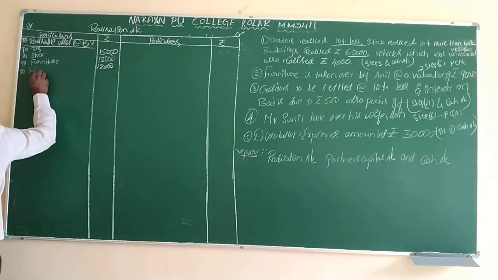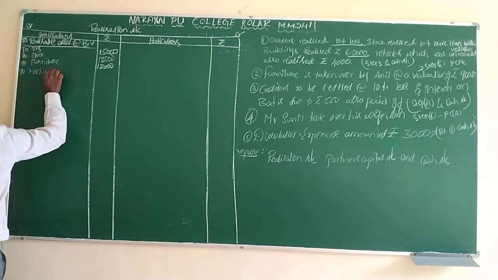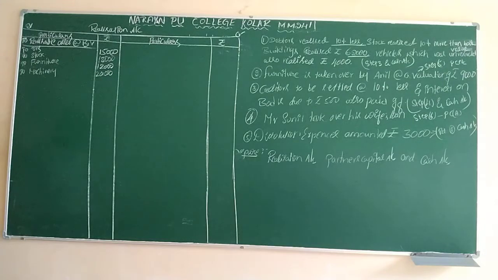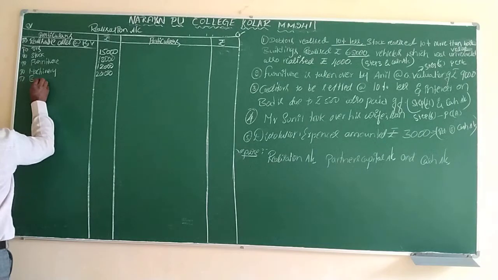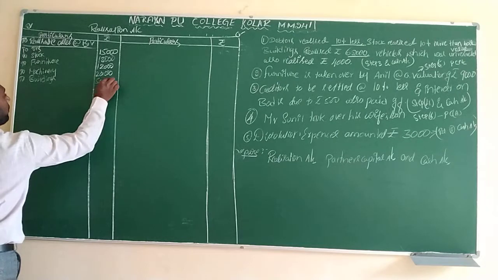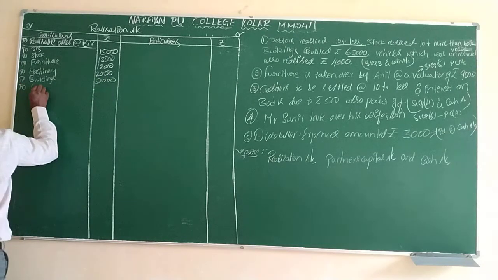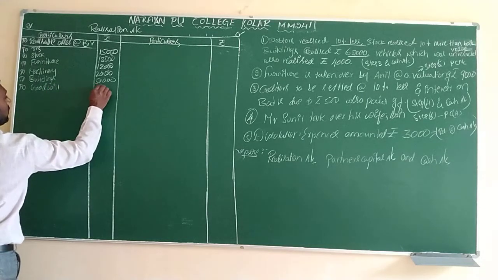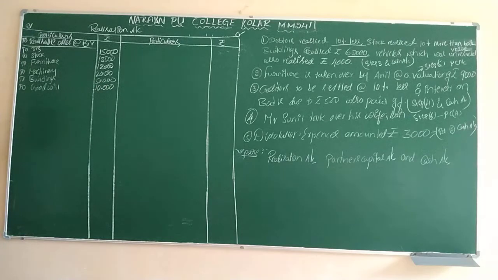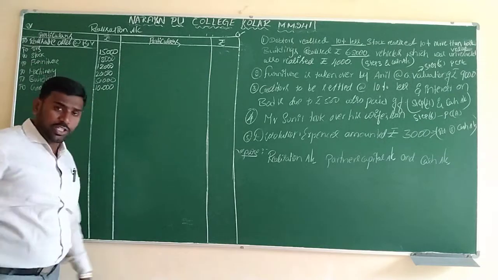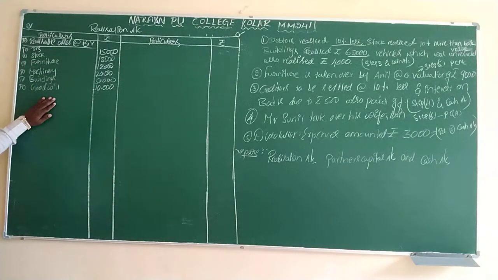Machinery 20,000. Buildings 50,000. Goodwill 10,000. So under step number 1, we should record all the assets given in the balance sheet; the same assets we have to transfer here.